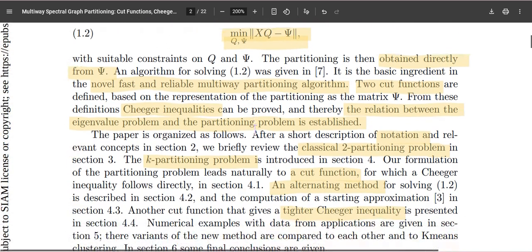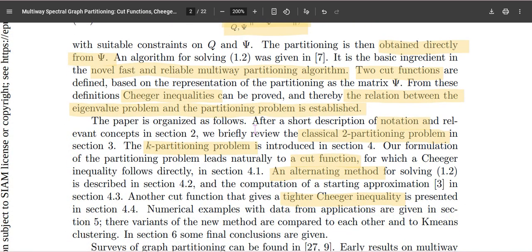The paper is organized into different sections. Section 2 gives an overall view of the different properties of the matrices and their notations, and section 3 covers the classical two-partitioning algorithms. Section 4 introduces the novel technique for the k-partitioning problem, extending the classical two-partitioning problems of section 3.